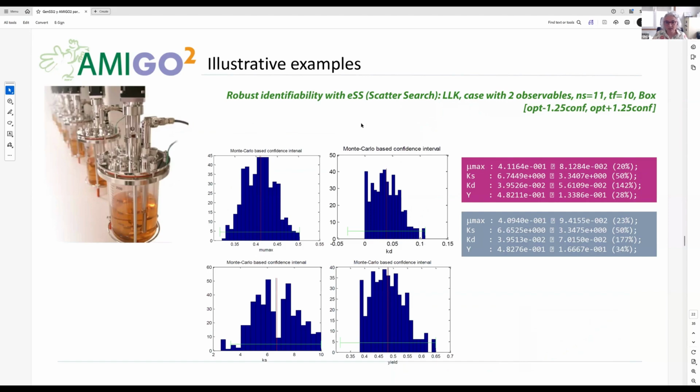So if we run the robust identifiability for our illustrative example, you will see that the values of the confidence intervals are pretty similar to the ones obtained with the Fisher information matrix. So Fisher information might not be as bad an approximation as we originally thought, but it will depend on the data, on the model itself, etc. Running this, of course, takes a significant amount of time, because this means solving the parameter estimation hundreds of times usually.